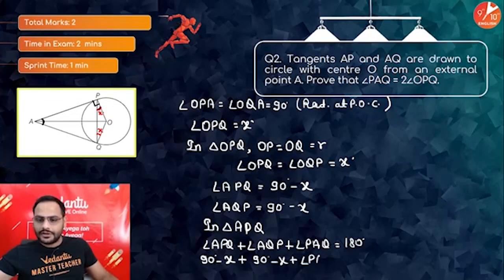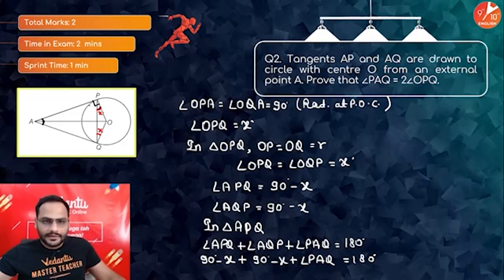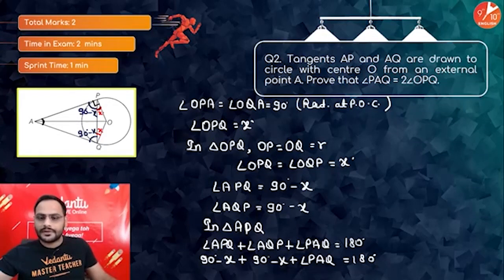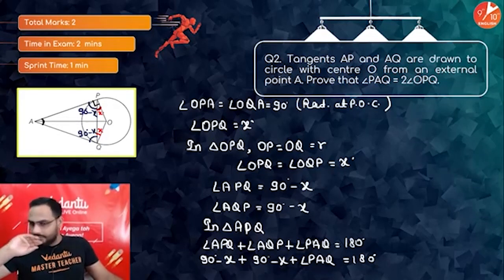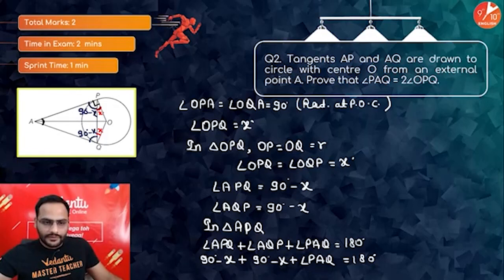Angle PAQ, we need to find out, is equal to 180 degrees. Yes or no? Apply logic, yaar. This angle we have got as 90 minus X. Similarly, this angle also will be 90 minus X. Right? Sorry. So if I solve this equation, 90 plus 90, 180, this got cancelled over here.